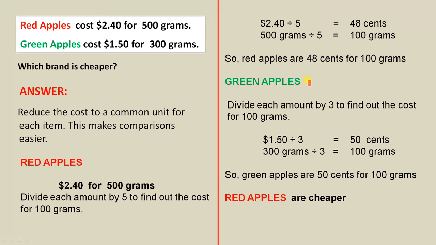For the green apples, divide each amount by 3 to find out the cost for 100 grams. $1.50 divided by 3 is 50 cents. 300 grams divided by 3 is 100 grams. So the green apples are 50 cents for 100 grams. So the red apples are cheaper, at only 48 cents for 100 grams. The green apples are 50 cents. Hence, the red apples are cheaper.